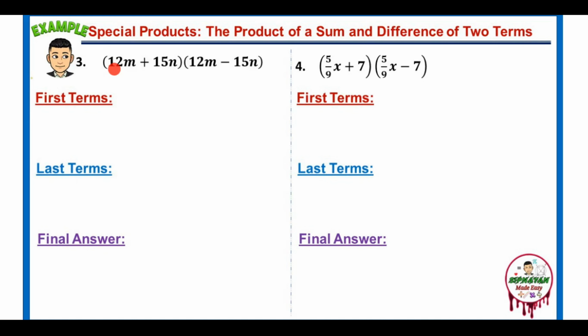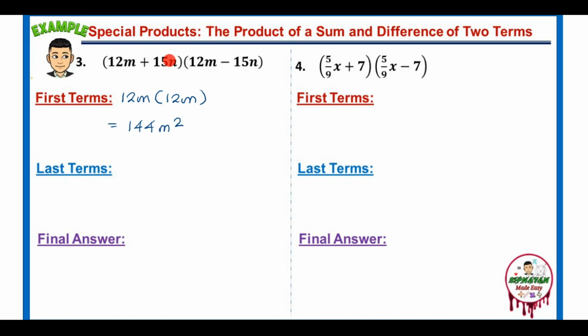In 12m plus 15n, the first term is 12m. In 12m minus 15n, the first term is also 12m. Multiplying 12m with 12m, we have 144 m squared.